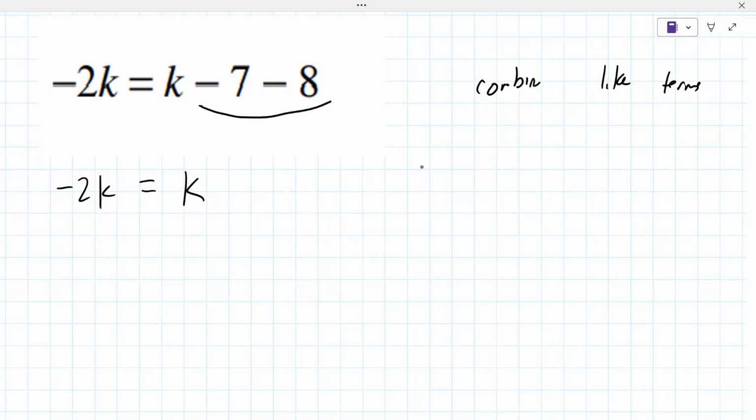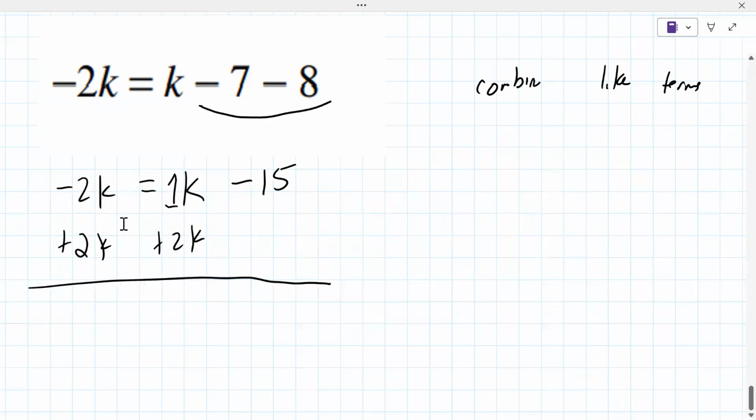Would that be negative 15? Yes. And remember, this is now 1K, 1K, not 1,000, just 1K. So now we got to move from the smaller to the larger. So which is smaller, the minus 2K or the 1K? The minus 2K. Yes. So we add 2K to both sides.